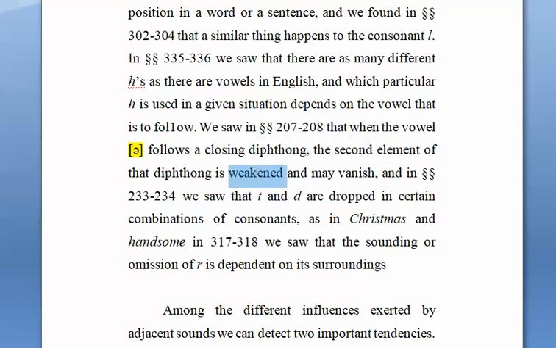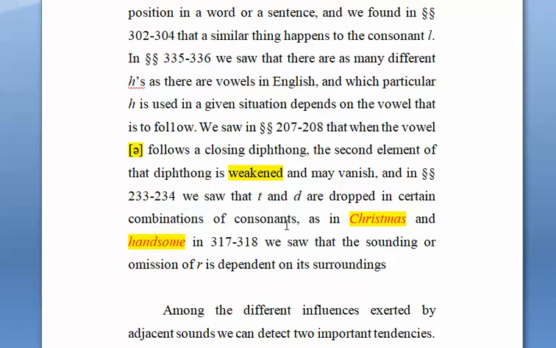Okay, so this is important. Look at this word, Christmas, and the second element may vanish. We saw that t and d are dropped in certain combinations of consonants. We do not say Christmas with a t, we say Christmas, and handsome.